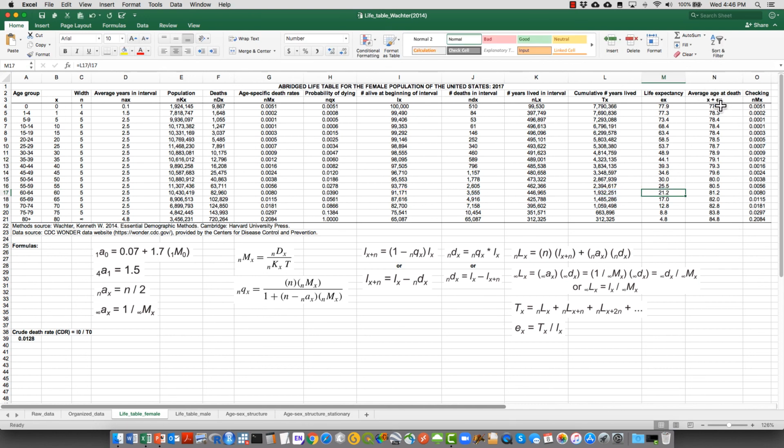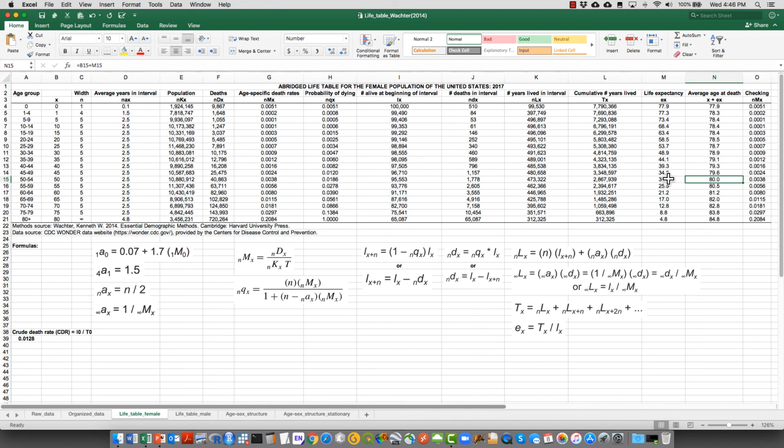The average age at death, we get this one, and we add to the age at the beginning of the interval here. So for example, for these people here, those people who survived up to age 50, so conditional on people surviving to age 50, those who survive to that age will live an additional 30 years. So on average, they will live 80 years.